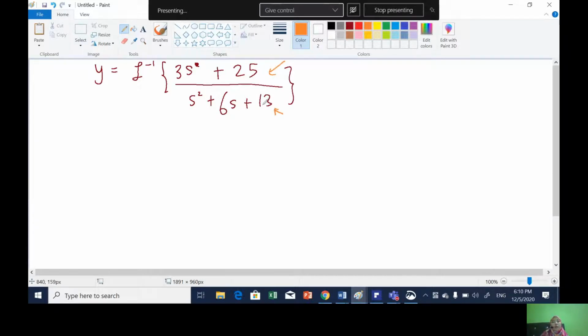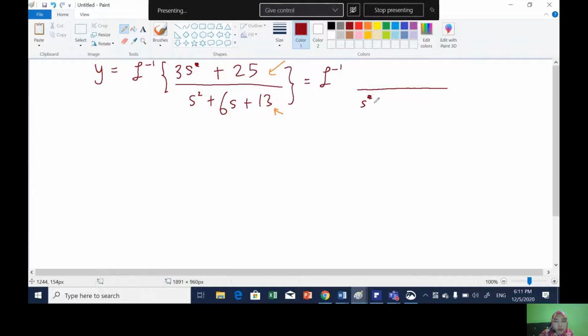We can check that it's not a form that we can find the inverse of directly using the Laplace table, correct? So the expression has to be transformed into a form for which we can find the inverse. First we look at the denominator. We can write down the denominator by using completing the square. So it's here, s squared.